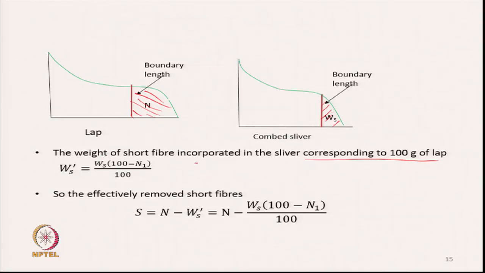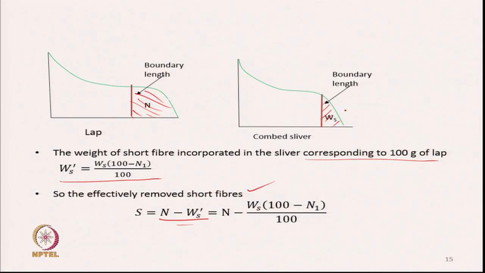Hence, the weight of short fibers incorporated in the sliver corresponding to 100 gram of lap is given by this formula, Ws into (100 minus N1) by 100. So, the effectively removed short fiber is going to be N minus W dash S, it is not N minus Ws.